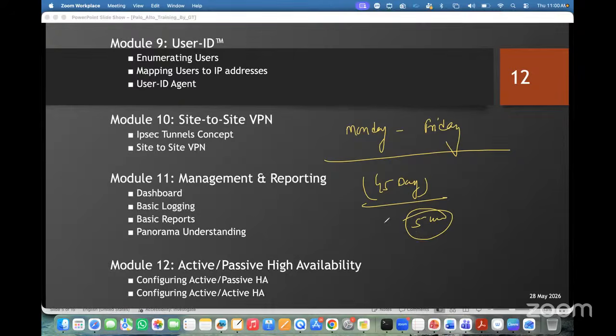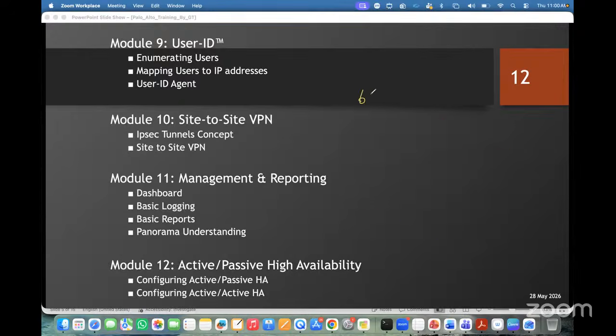So every day, 60 minutes is the class timing, only 1 hour. But sometimes you have a question, doubt, some kind of lab issue, so we can extend 10-15 minutes more. So the idea is we can finish in 5 weeks, or we can take 1 week buffer, 6 weeks. Because sometimes we take leaves and all, so it can go up to 1.5 months.